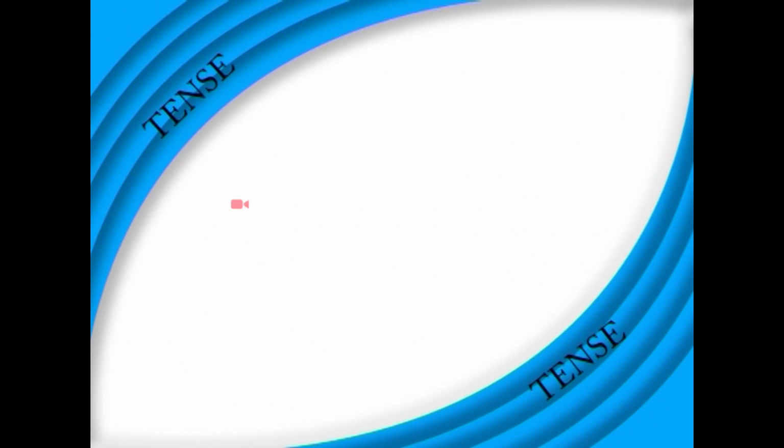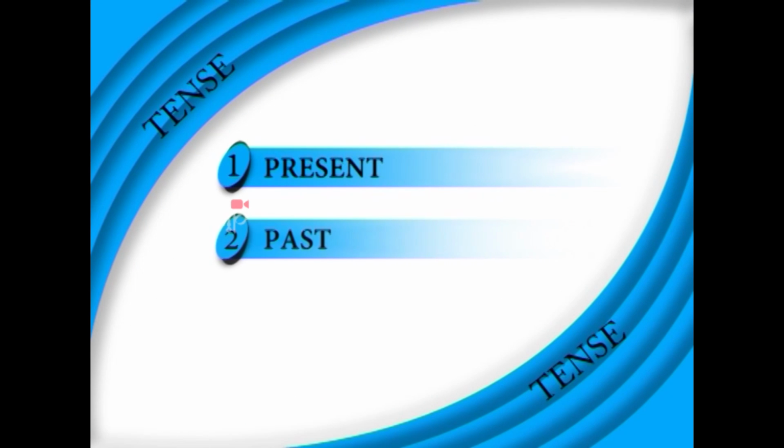Basically, as you know, tense has three parts: present, past and future. But nowadays, future tense is no more called future tense. It is future time reference. And why it is called future time reference, that also I will let you know. But first, we will come to know how to use it.